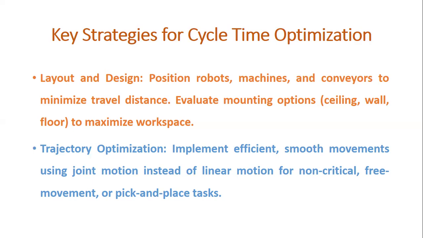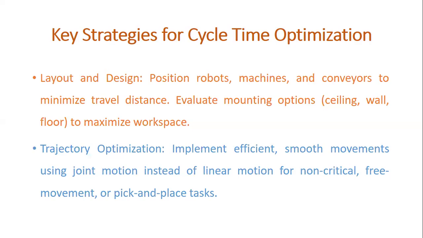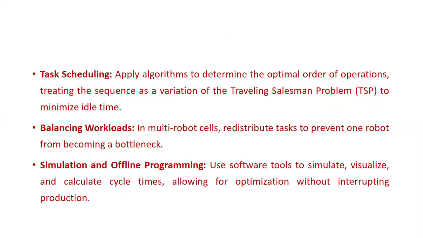Study and analyze the simplest possible motion of the robot arm inside the work cell so that it can move freely for performing various pick and place task activities. Next one is performing the task scheduling operation, then equally balancing the workload inside the layout, then doing simulation and offline programming in order to calculate the cycle time constraint without disturbing the regular production.